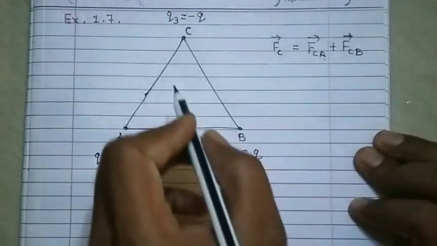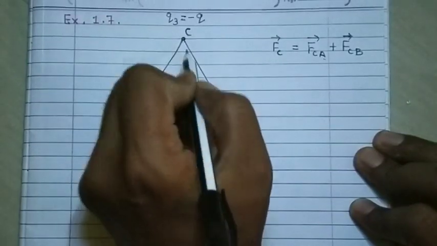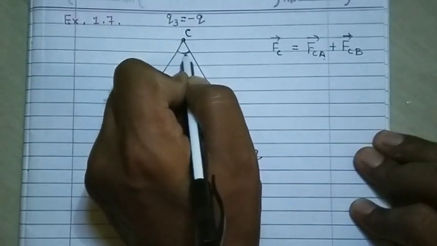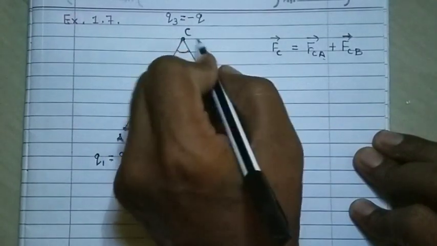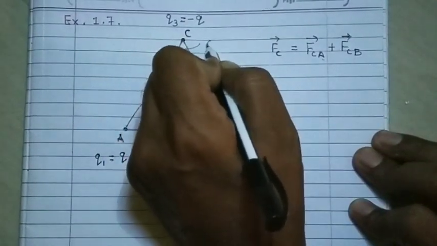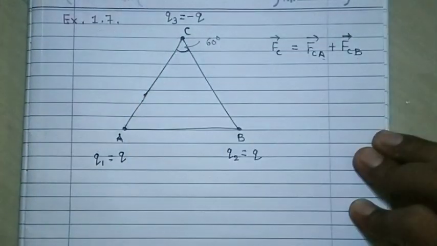Now here we can see that this is an equilateral triangle which is given. So this angle will be 60 degrees. This angle is 60 degrees.